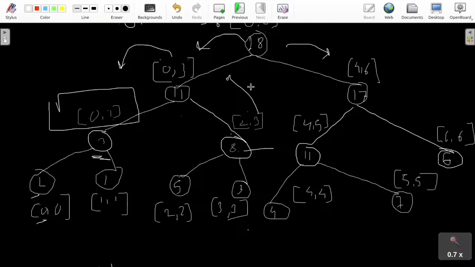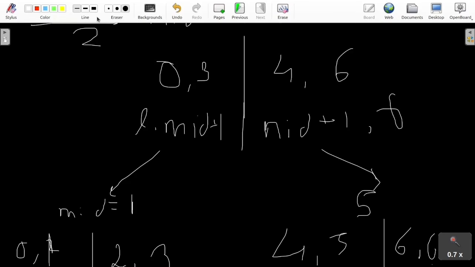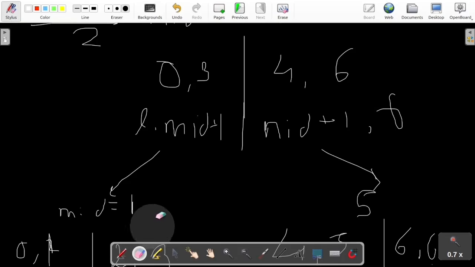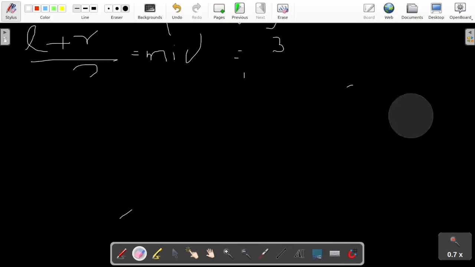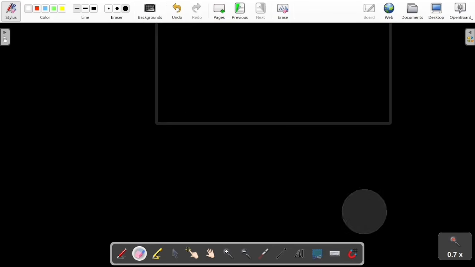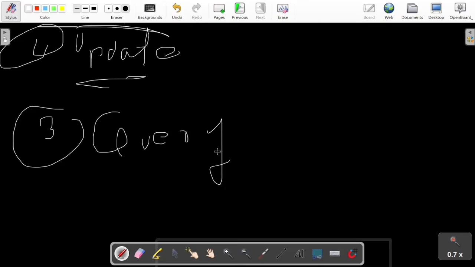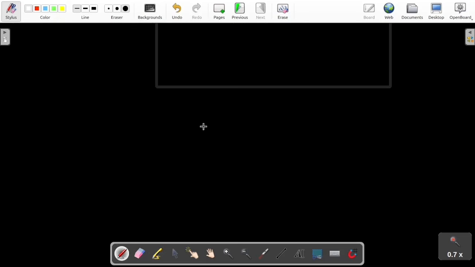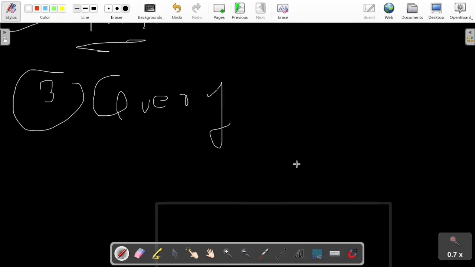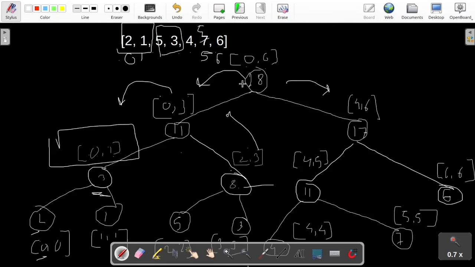Start with your range, 0, comma 6. Why 0, comma 6? Because we start from the root node. A segment tree is a rooted tree, and if we have to traverse it, we start from the root node. Of course, you can start from any node, but still, understand.